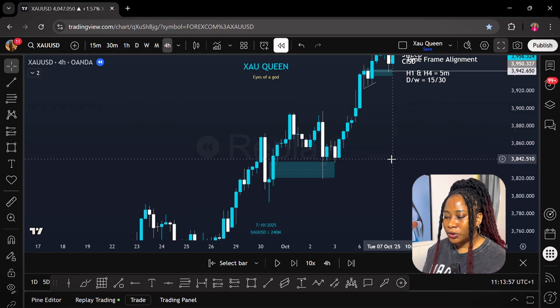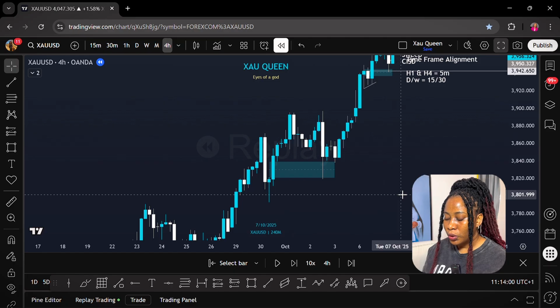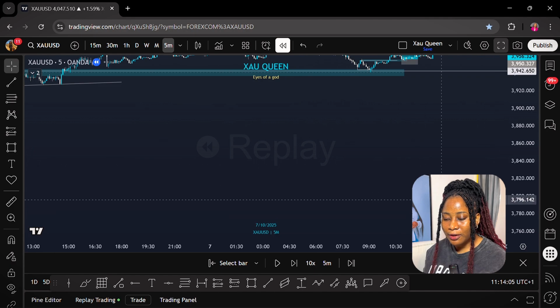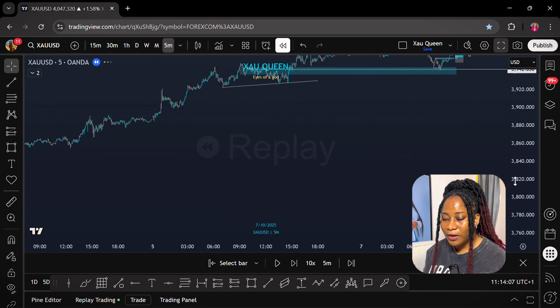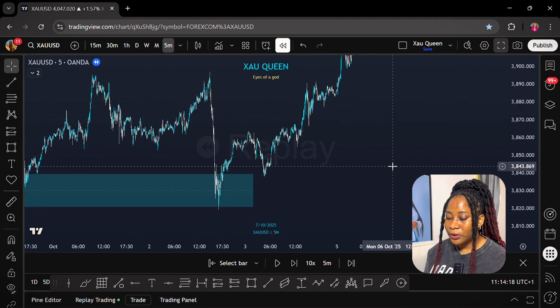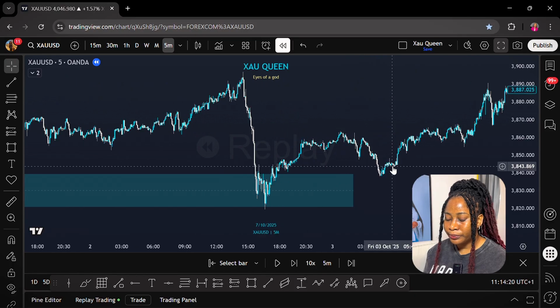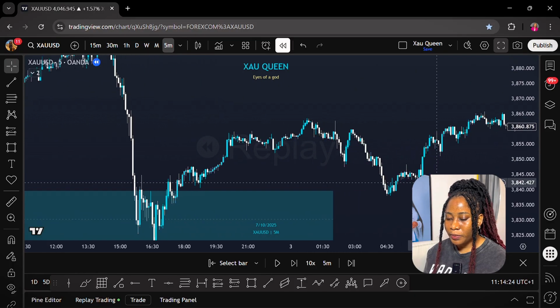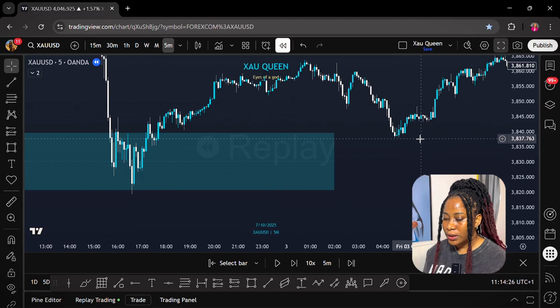But what did I do on this trade? I went to 5 minutes. I told you on the 1 hour and 4 hours time frames, I use 5 minutes. On the daily, I use 15 minutes or 30 minutes, just depending on how neat the structure is.